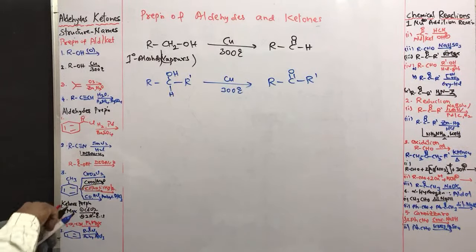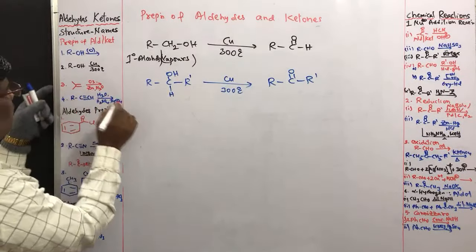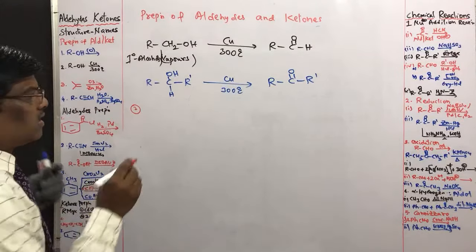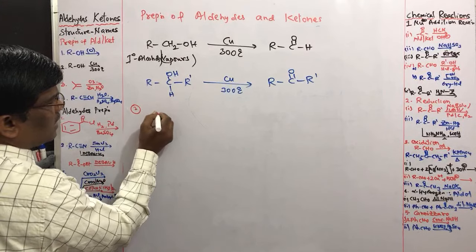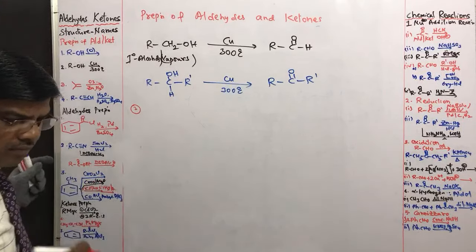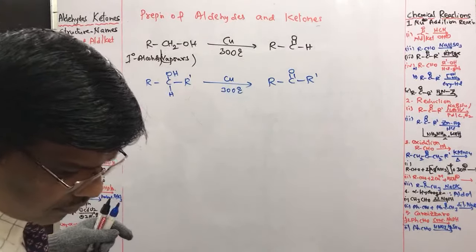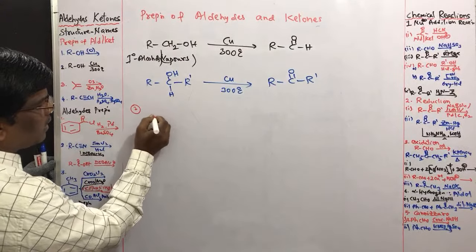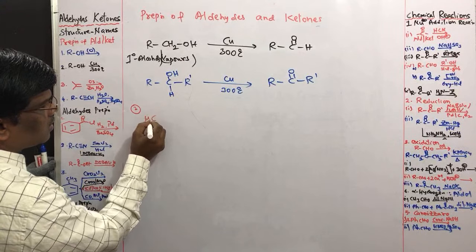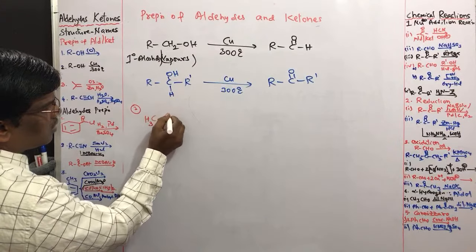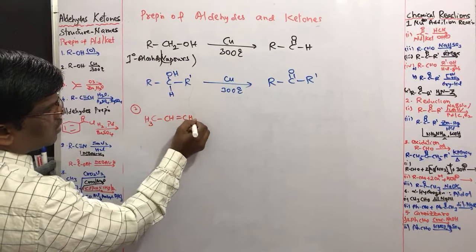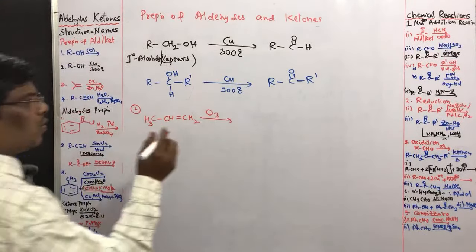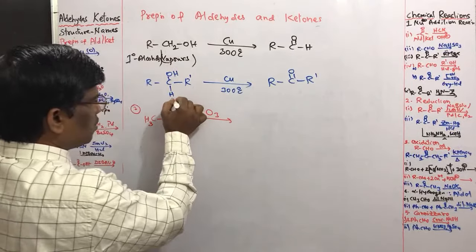Next, another method which is known for the preparation of aldehydes or ketones is ozonolysis. So what is ozonolysis? Let us take one example and see. If I take propene and when I do ozonolysis, when I pass ozone, it is going to break here.